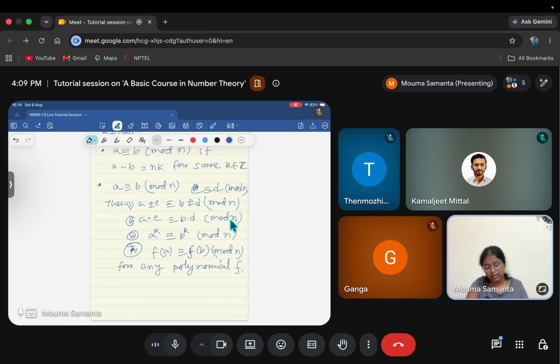So these are some basic theorems and properties of congruence we have seen in the lectures.